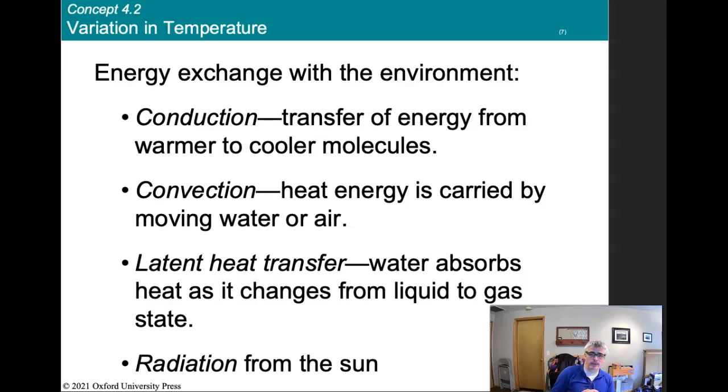Latent heat transfer is that water absorbs heat as it changes from liquid to gas. Examples of this will include transpiration from plants, but also think about when you're hot, you sweat. That sweat evaporates and cools you down. And then radiation from the sun.